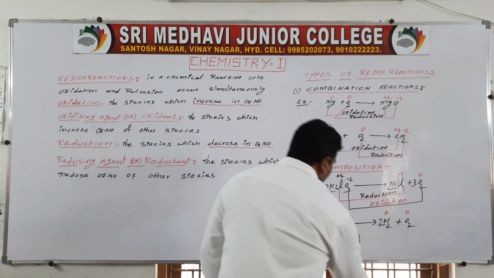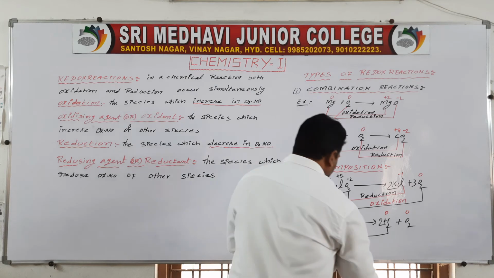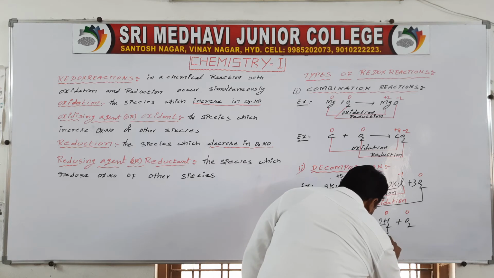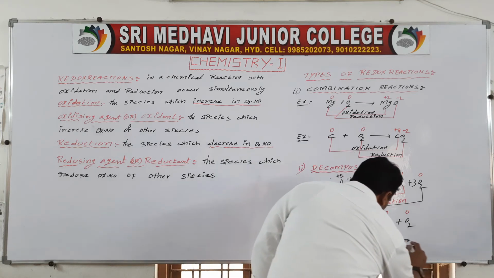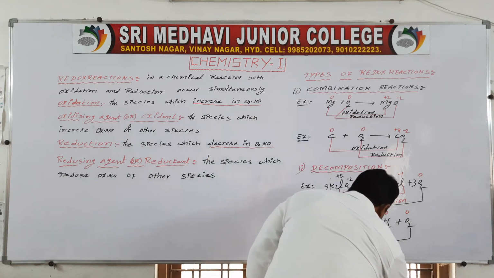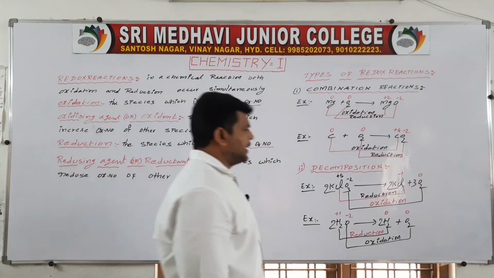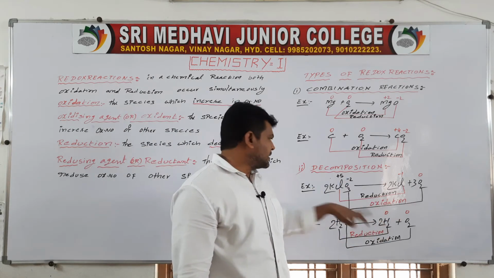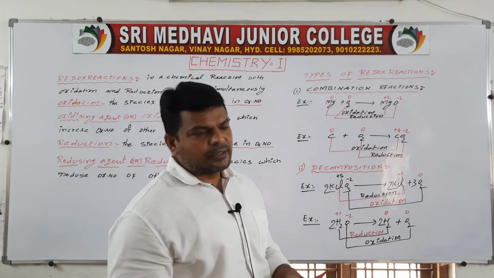Hydrogen +1 to 0, what happened? Reduction. Next oxygen, -2 to 0, what happened? Oxidation. So here two atoms undergo oxidation and reduction, that is a decomposition reaction. Only one atom, that is a disproportionation, we are going to discuss.